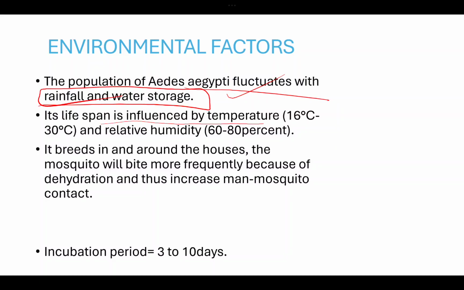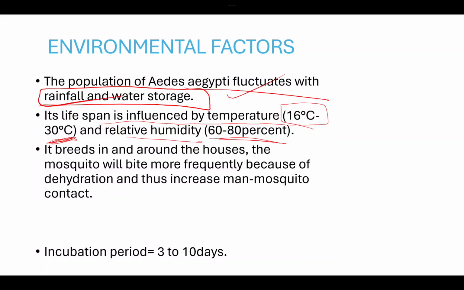Its lifespan is influenced by the temperature, 16 degrees Celsius to 30 degrees Celsius, and a relative humidity of 60 to 80%. So you can see that the environmental factors, the temperature and the humidity, are greatly affecting the lifespan of the mosquito.